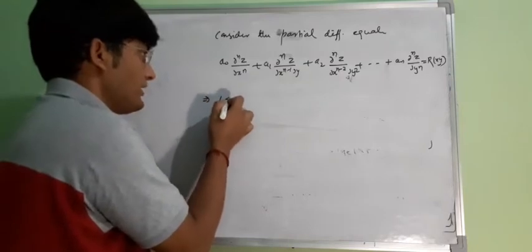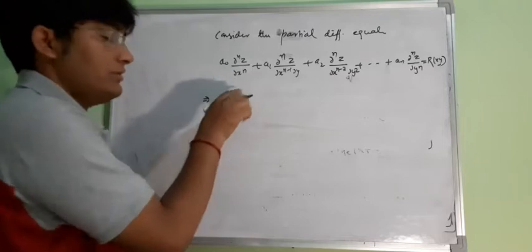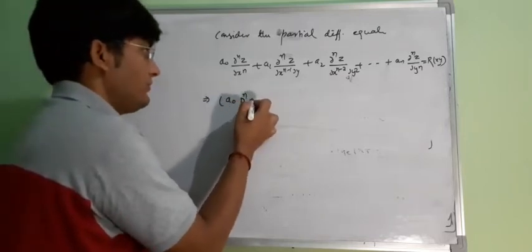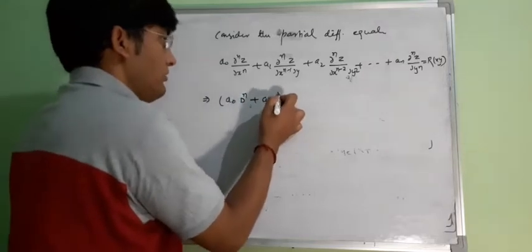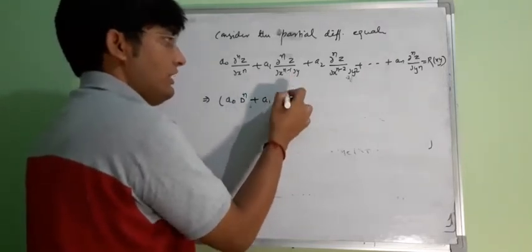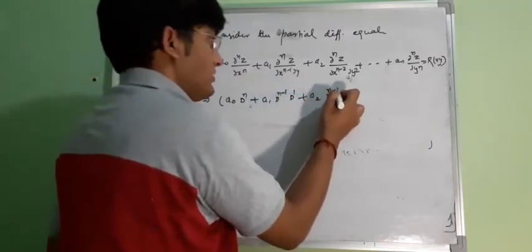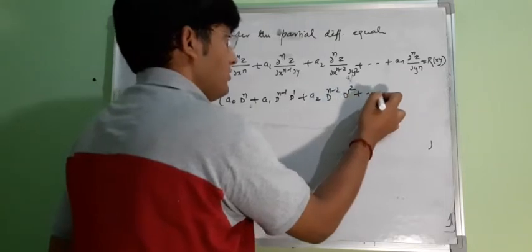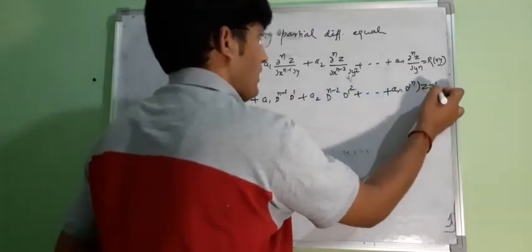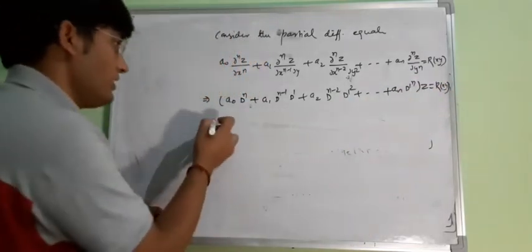We can also write it, if you write del upon del x as capital D, as a naught D power n plus a1 D power n minus 1 into D dash plus a2 D power n minus 2 into D dash square plus dot dot an D dash power n z is equal to r of xy.